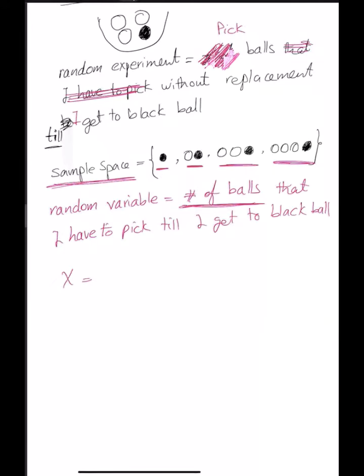Number of balls that I have to pick to get to the black ball. What are the possible values? 1, 2, 3, 4. 1 happens when the first ball is the black ball itself.